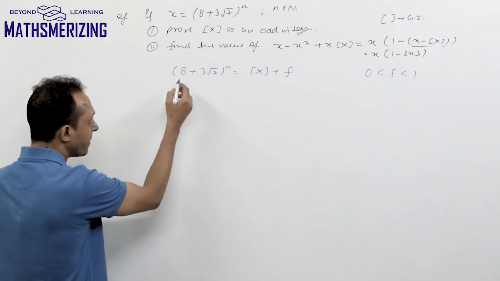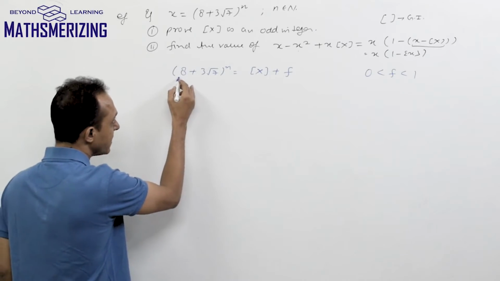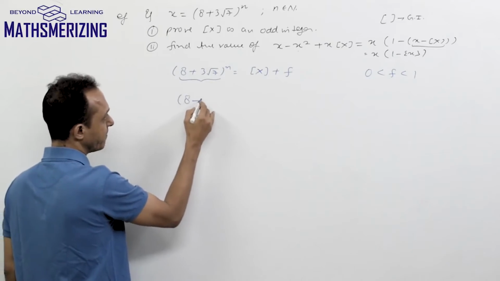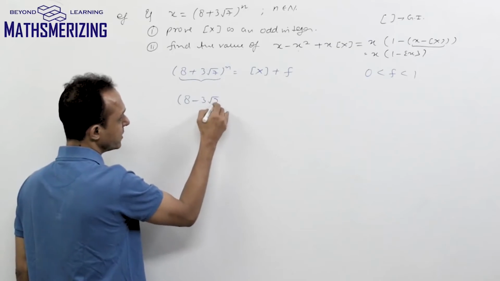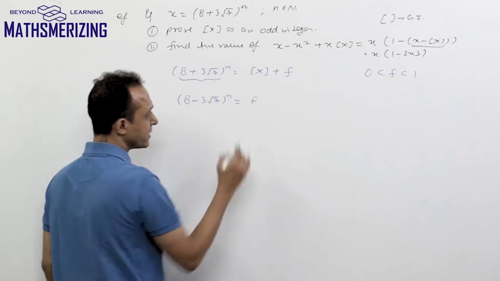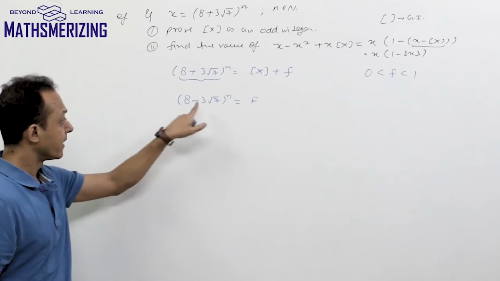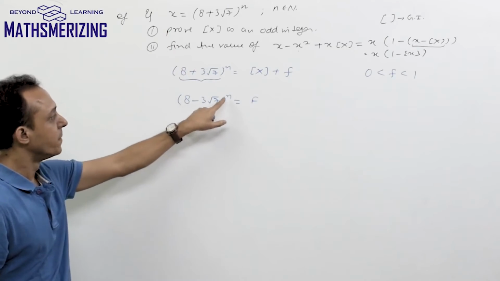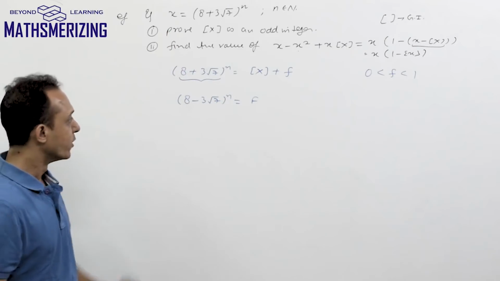Now I'll take up another binomial expression, which is the conjugate of this expression. So I'll write (8 minus 3 root 7) to the power n, and I'll call this value capital F. Make sure that when we take the conjugate of the given expression, the value of 8 minus 3 root 7 to the power n should always lie between 0 and 1.